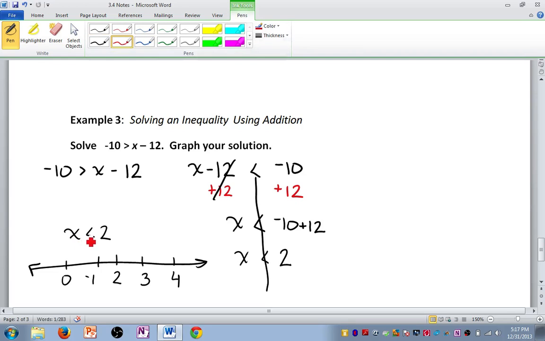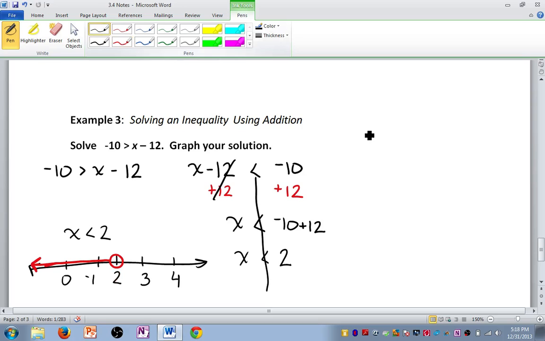If x is less than 2, I'm using an open circle. X cannot be 2. X is any number less than 2, so it's any number to the left of the 2 on the number line.